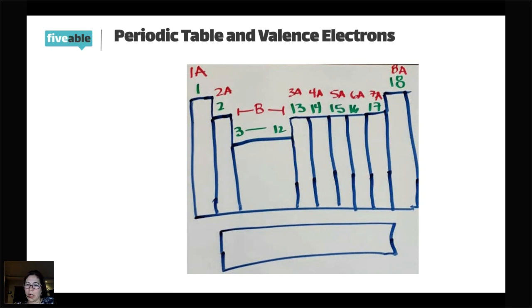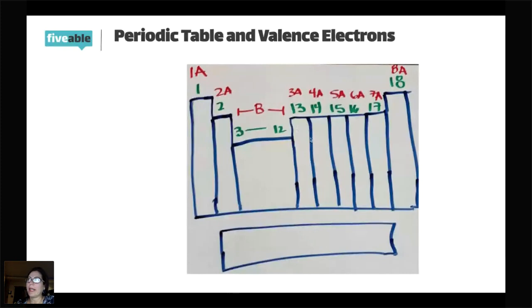Yes, correct. 1 valence electron. What about in the group 2A? Exactly, 2. And then let's keep the transitions for now, and let's go to the 3rd level. How many on the 3A level? 3, correct.